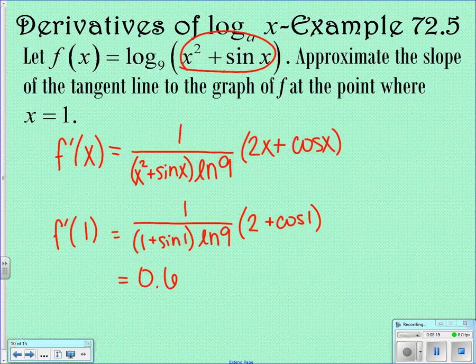Otherwise you're going to get 1.3 something. But you should get 0.6278. And so it said approximate, and we are approximating. We're not trying to find the actual number. We approximated it as 0.6278. Okay, so that would be finding the slope of the tangent line for that graph.